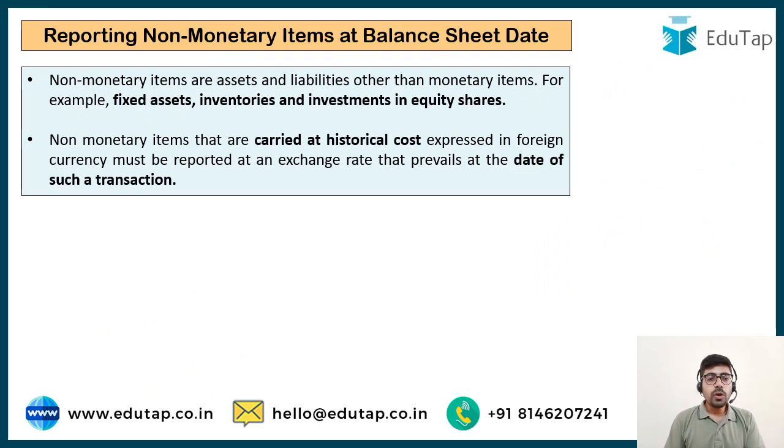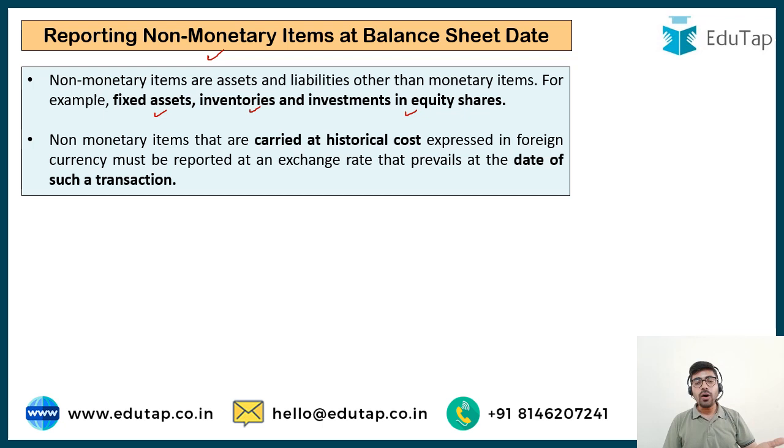Now what about the non-monetary items? Any item other than a monetary item is non-monetary. For example, you bought some fixed asset from abroad, you bought inventory, you made some investment. They are all non-monetary items. So in our case, we had bought inventory, a stock of phones from abroad. Now some stock may still be pending with us.